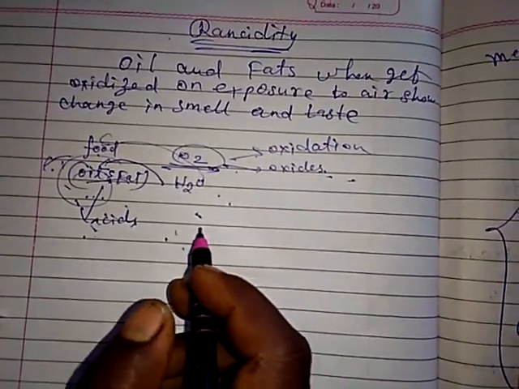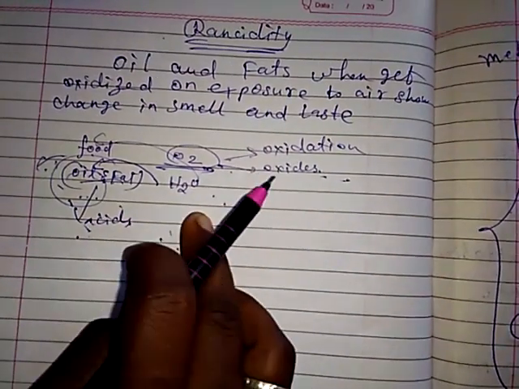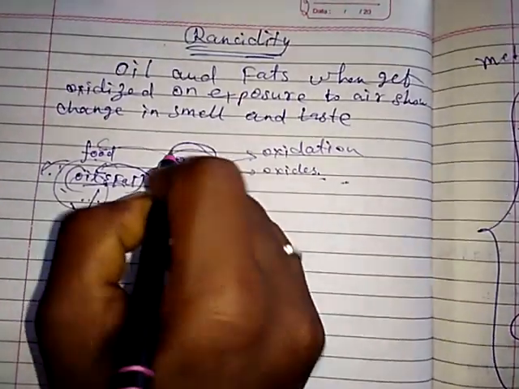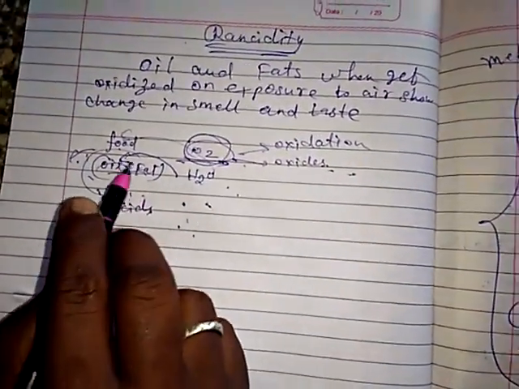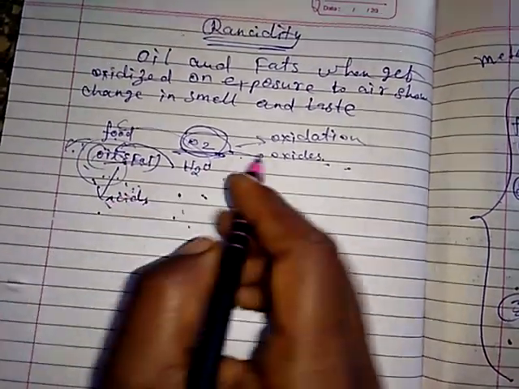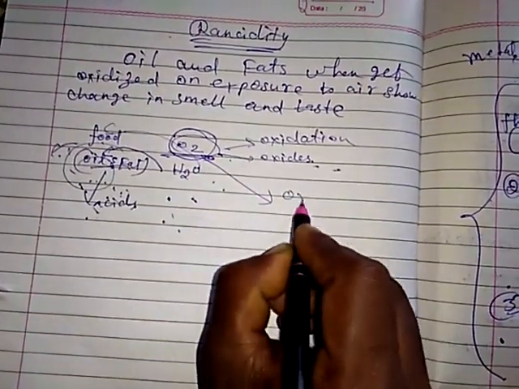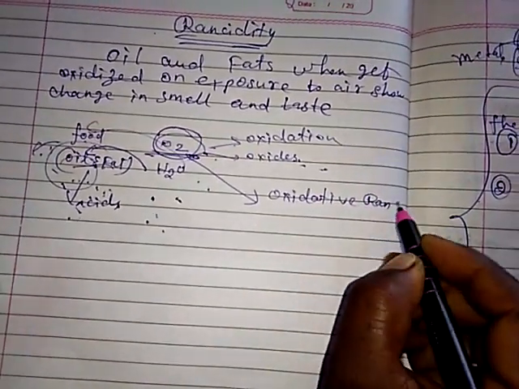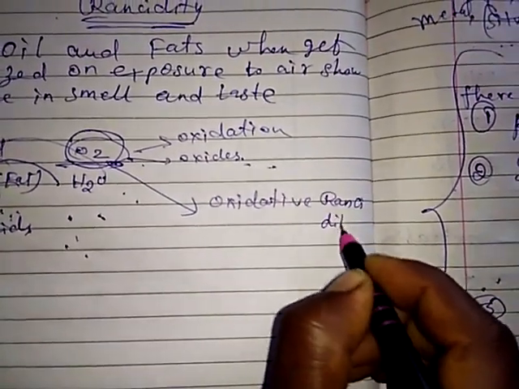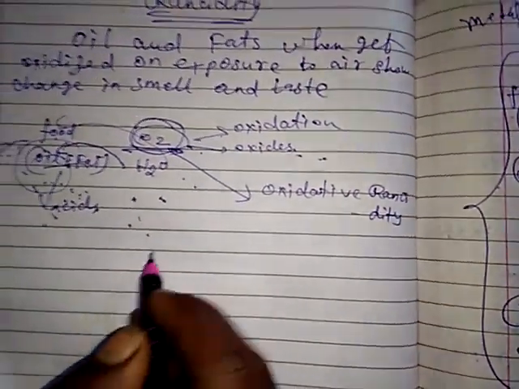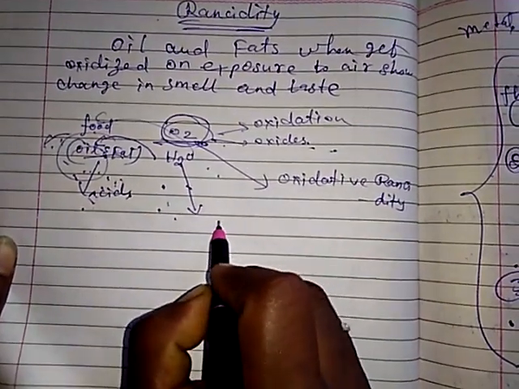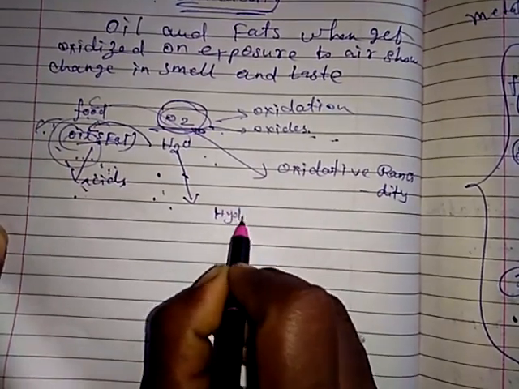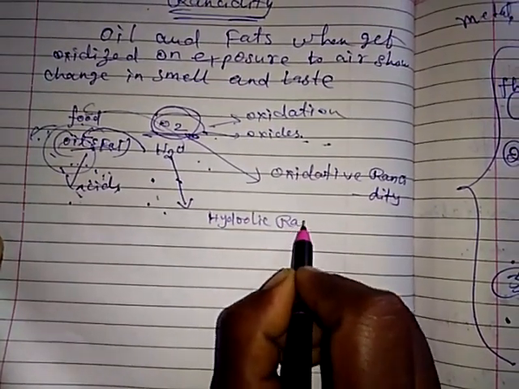Some bad odor or bad smell will be there, which means it is unsafe for consumption. When oxygen is responsible for this, it is known as oxidative rancidity. And when water is responsible for this type of rancidity, it is known as hydrolytic rancidity.